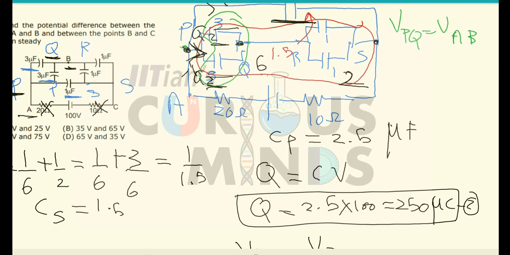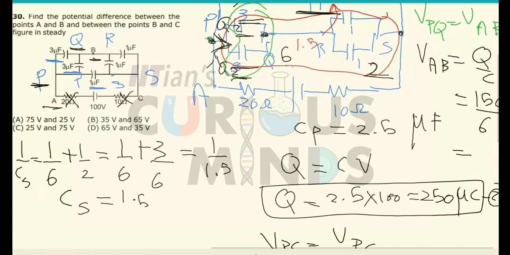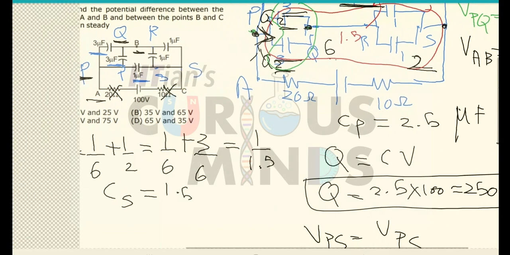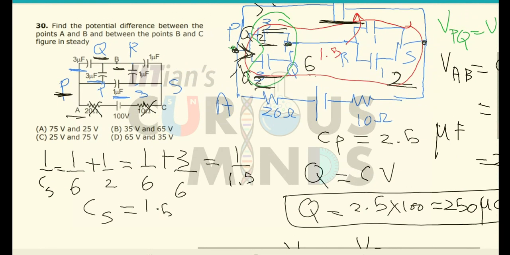The formula of the voltage is Q divided by C. The charge I have already calculated is 150. The total capacitance, 3 and 3 are in parallel, so it will be equal to 6. So the total voltage across this part will be equal to 25 volt. I have already calculated this part, so I can say that the answer will be C, but still I will calculate the rest of the part.